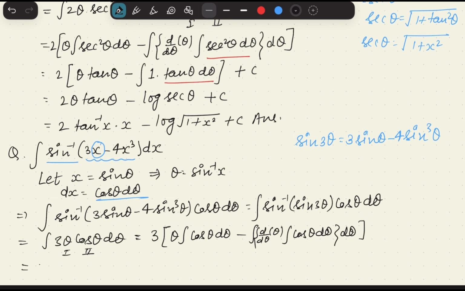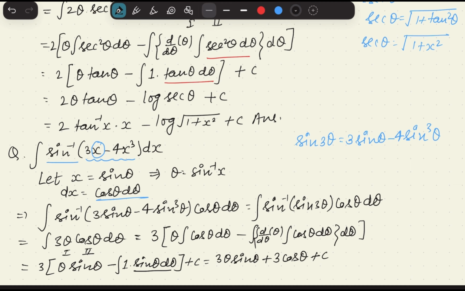This is equal to 3 times theta sine theta minus integration of 1 into sine theta d theta, plus c, which is equal to 3 theta sine theta minus 3 times integration of sine theta d theta, which is minus cos theta. So after multiplying this minus to that minus, we get plus cos theta, plus c. Now we can replace these values of theta.